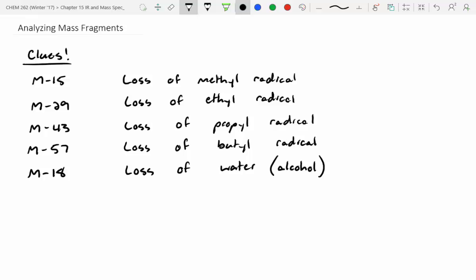And then oftentimes, if you notice, most of the carbon groups, when they're lost, they're all odd numbers. If you see a big fragment at an even number, that's a clue too. So I'll make a little asterisk here. If you see loss of an even number fragment, that means that you have something occurring called a McLafferty rearrangement.